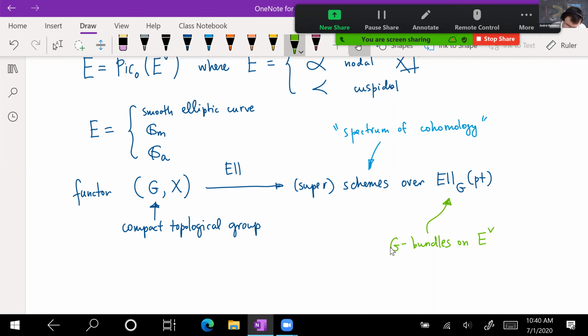So here this G is compact, and this is now reductive. And these bundles are like direct sums of stable ones, of degree 0. And this picture gets more complicated.